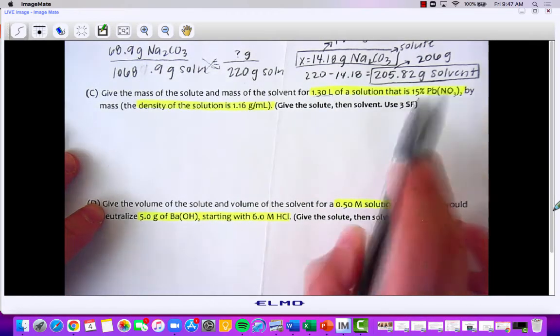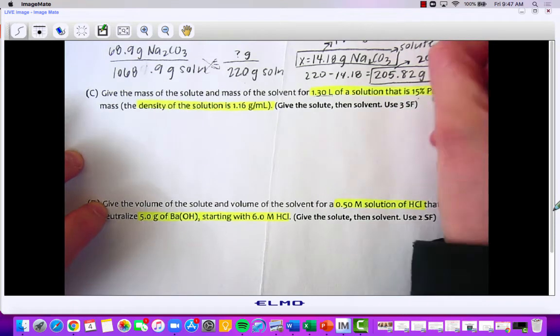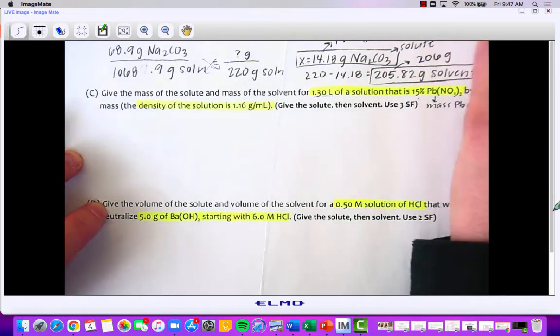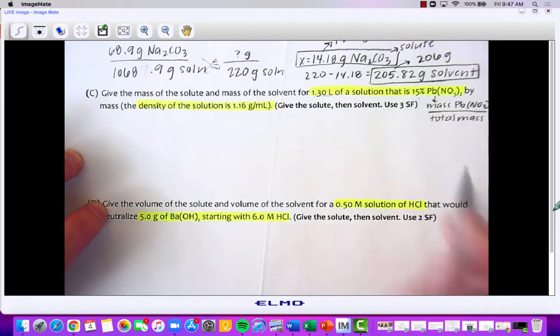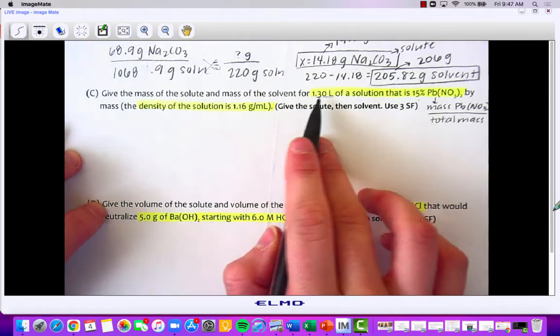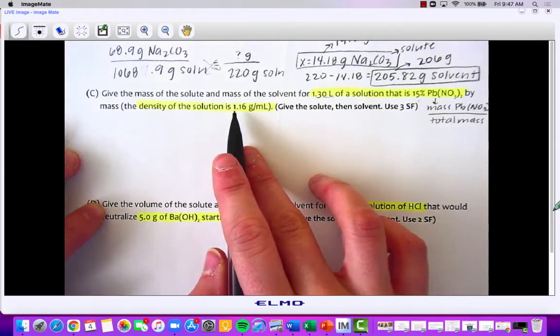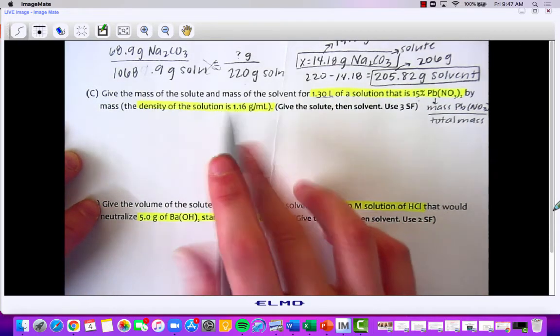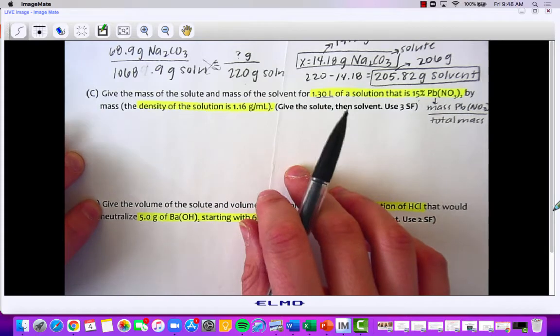Well, remember, percent by mass is mass of PbNO3 over total mass of solution. So in order to use percent by mass, I need to know the mass of solution. So I have volume of solution and I have density. So let's start by using that information to find mass of solution.